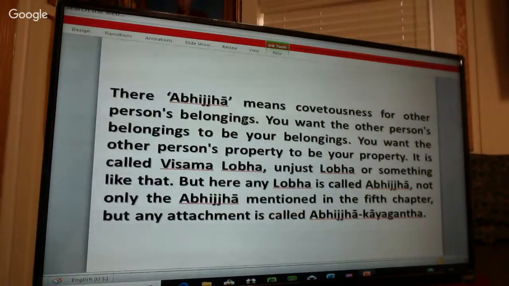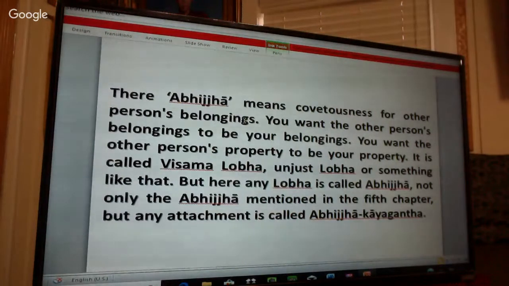The other person looks and thinks, oh, that car should be mine. Only in mind, that is Mano Kamma. You want the other person's property to be your property.